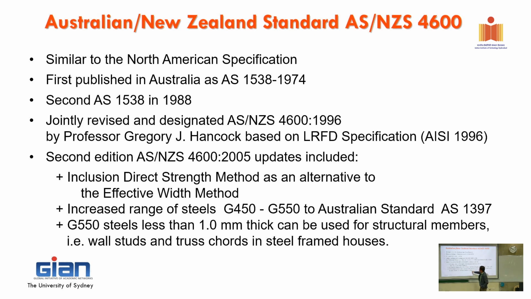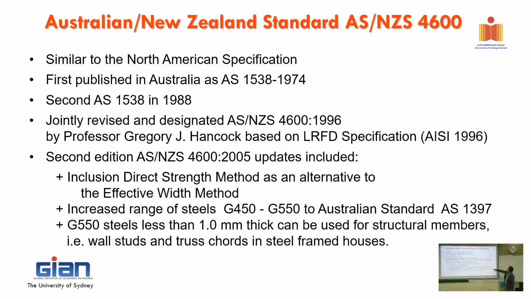This is different from the US, with AISI, because in the US, for some reason, they still use normal strength steel, grade 300, for purlins and cold-formed steel. But in Australia we are using high-strength steel for cold-formed steel, so the grade is now G450 to G550. That is new for Australia.